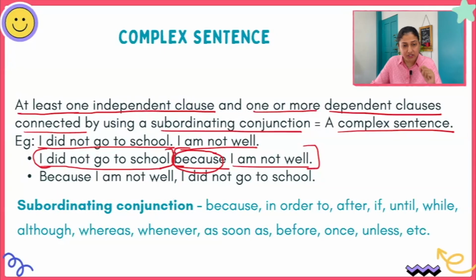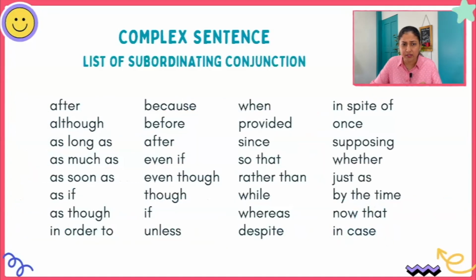Now the question is, what are these subordinating conjunctions? Let's look at them. Again, there are many. These are just a few. For example, because, in order to, after, if, until, while, although, whereas, whenever, as soon as, before, once, unless, and many others. Let me show you a list actually.